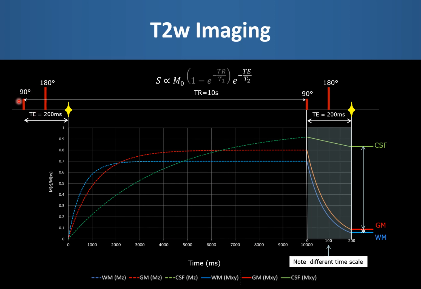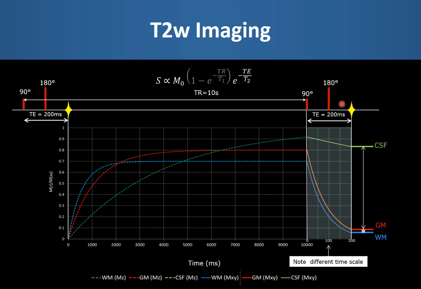So in T2 weighted imaging, we want effectively a very long TR, as long as we can make it. Of course, that will affect our overall scan time, but that means that the longitudinal magnetization will hopefully have recovered back to its equilibrium value before we do the next excitation pulse.